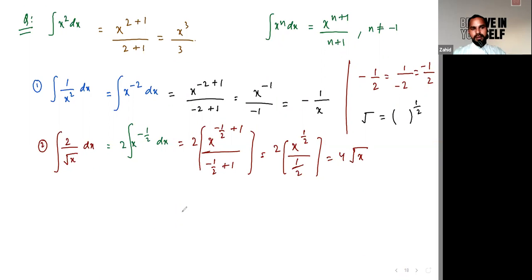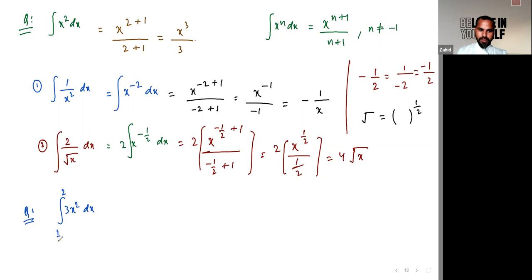Okay. So this is all about indefinite integration, where there is no limit. Now, how to solve definite integration? Let's say we have the integral of 3 times x squared dx from 1 to 2.